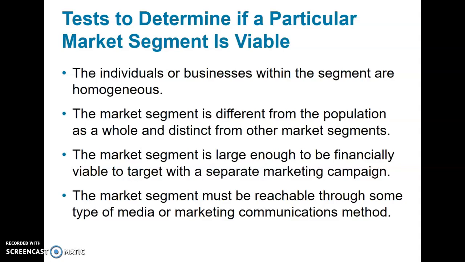And fourth, the segment has to be reachable through some type of media or marketing communication methods. There are some market segments in Africa and other parts of the world that meet the first criteria but not the fourth. There's no feasible way to reach them with a marketing message.